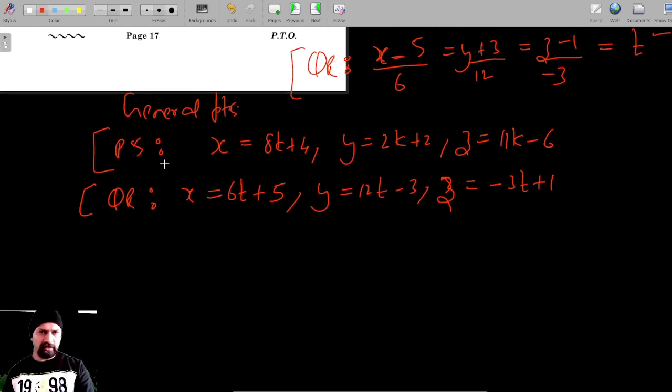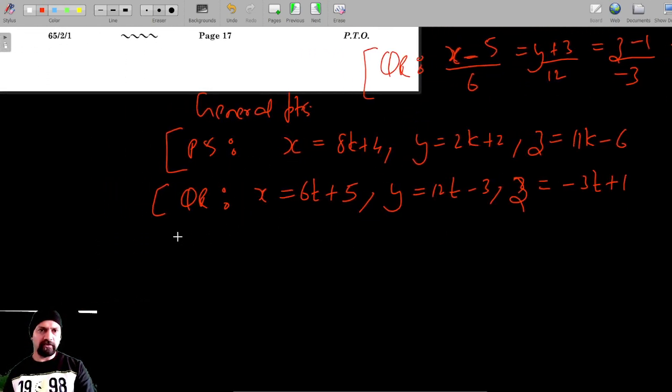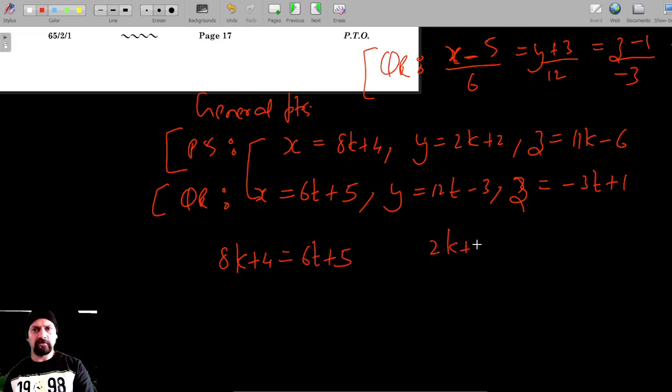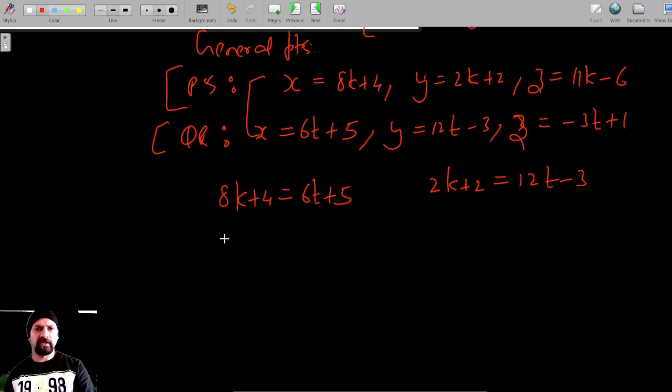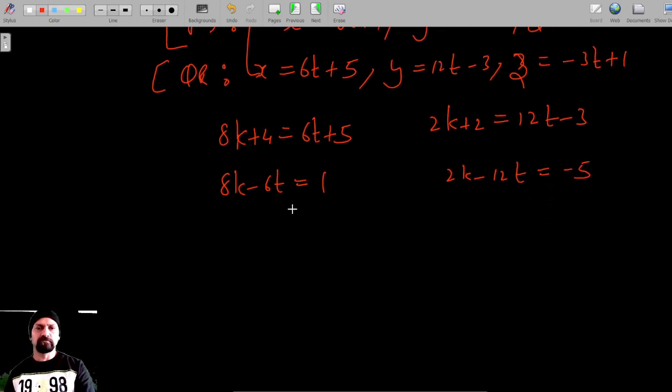For some values of k and t, these are the points of intersection of these two diagonals, and the point of intersection of the diagonals means that the x, y and z coordinates are the same. So let's equate them. 8k plus 4 is equal to 6t plus 5, and 2k plus 2 is equal to 12t minus 3. So this becomes 8k minus 6t is equal to 1, and 2k minus 12t is equal to minus 5.